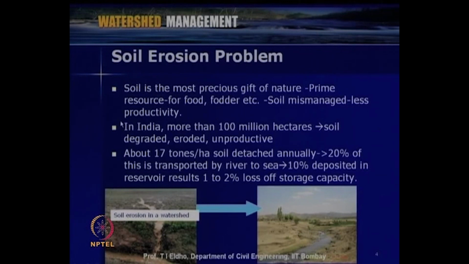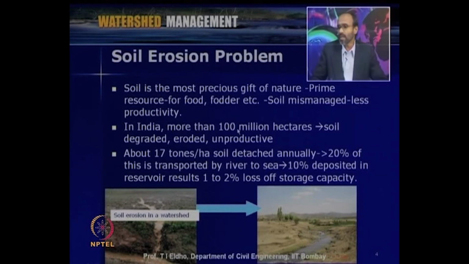For example, if you consider India, more than 100 million hectares, that means more than one third of the land, has various problems of soil erosion: the soil is either degraded, eroded, or in some places unproductive. About 17 tons per hectare of soil is detached annually. This is a rough approximation of the erosion problem in India, and 20% of this is transported by rivers to the sea.